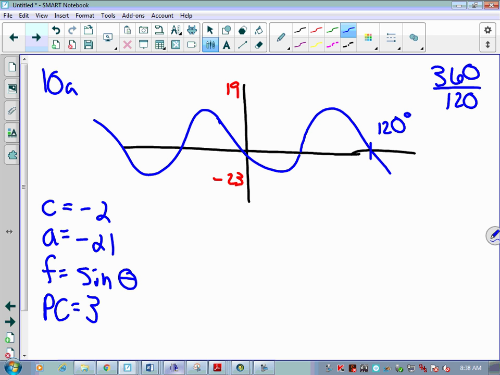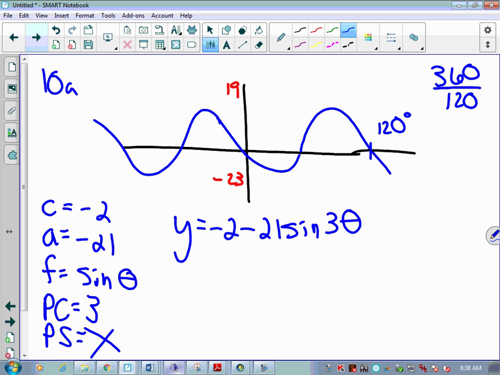And because they wanted it as a sine function and it looks like a sine function, is there a phase shift involved? No, there's no phase shift. So my equation is written as negative 2 minus 21 sine 3 theta. Okay?